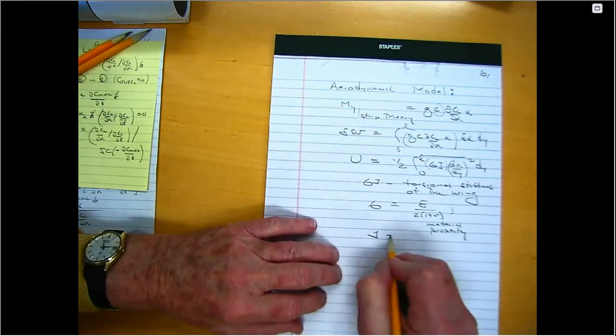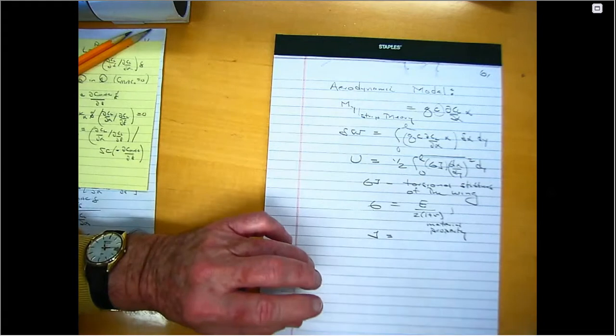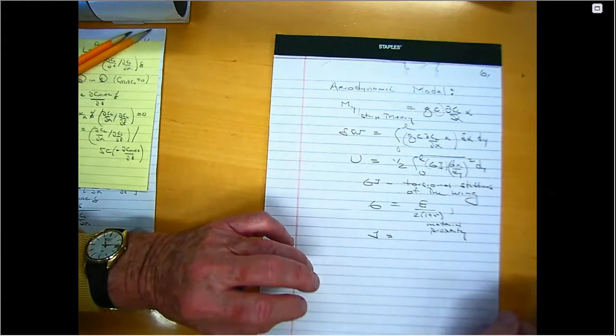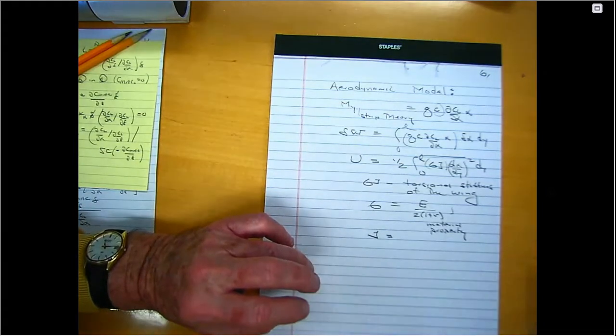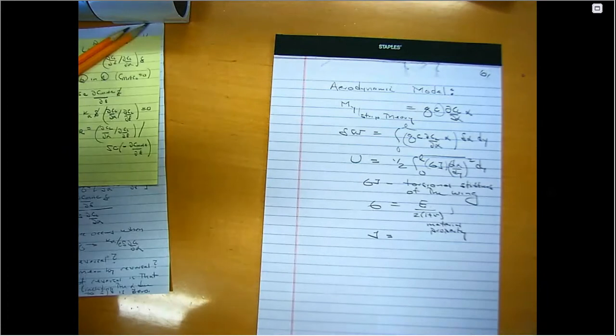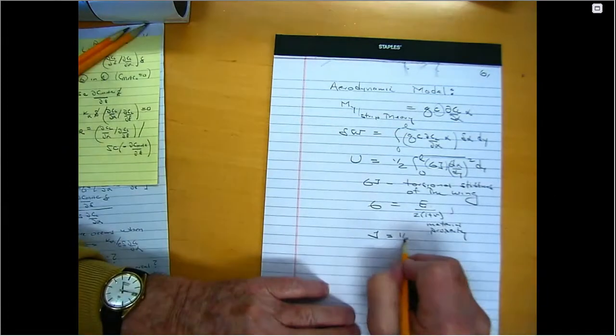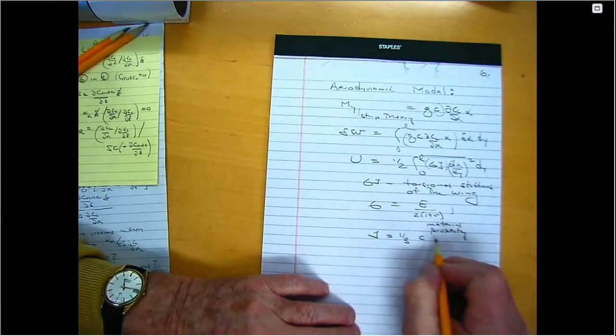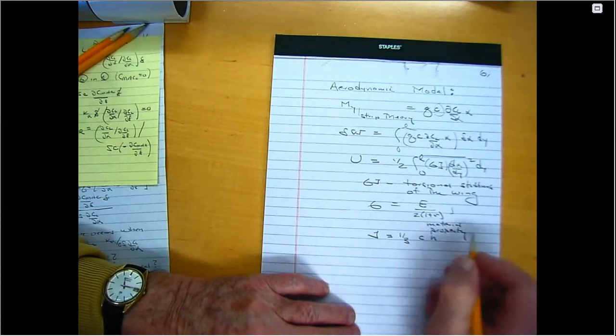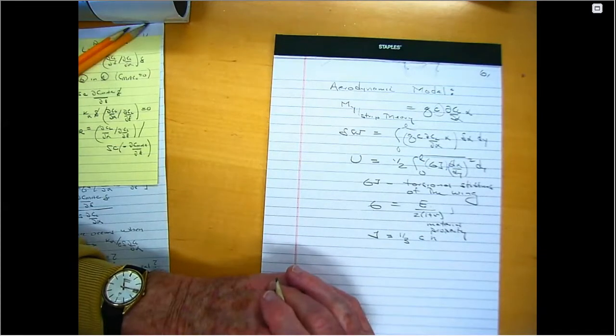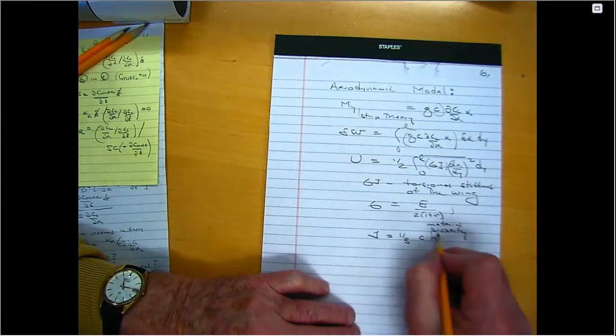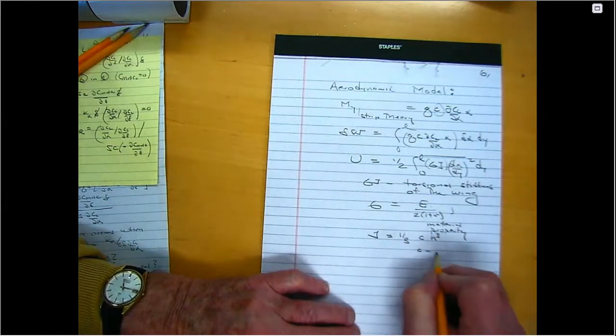If we have a rectangular cross section of a wing with a certain thickness and a certain chord, J is 1/3 the chord times the thickness cubed, where C is the chord and H is the thickness. We denote thickness by H because we like to reserve the symbol for time.